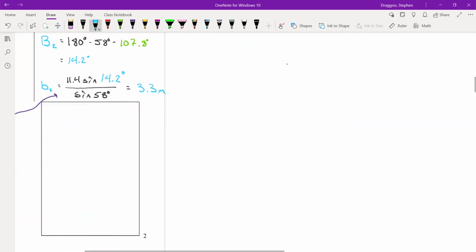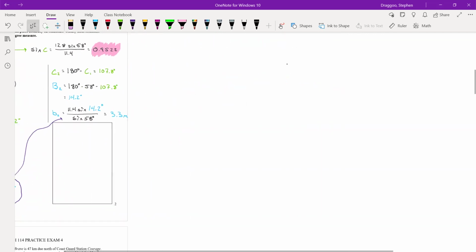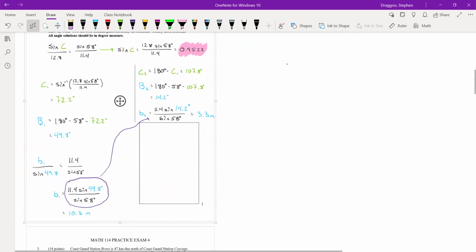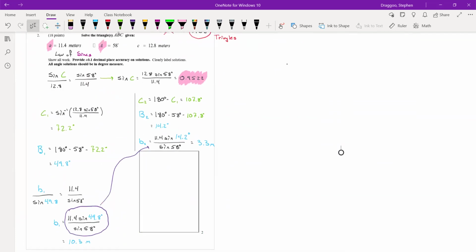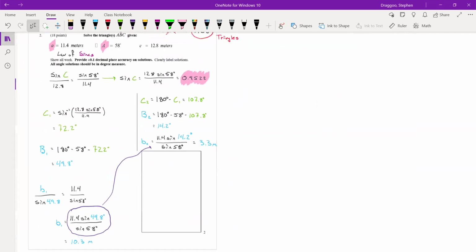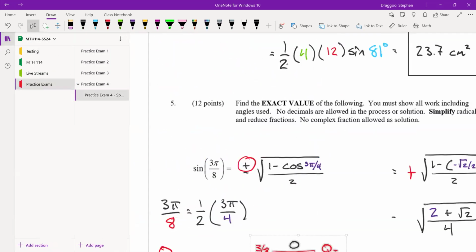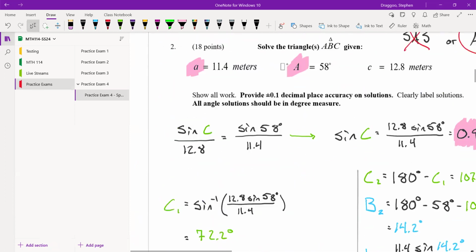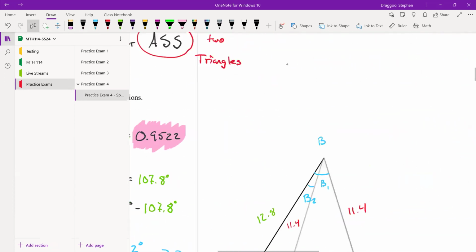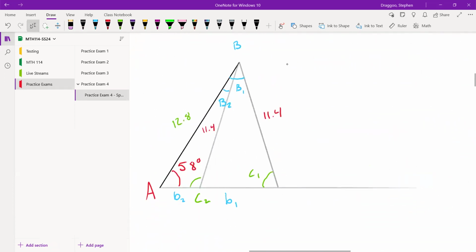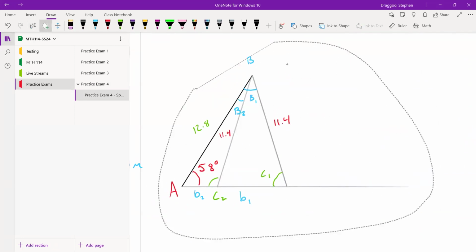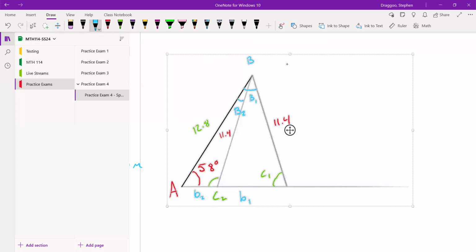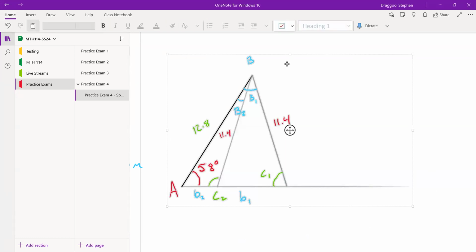As a quick aside, because I think it's helpful, here's the triangle, or the two triangles drawn at the same time, which I'll bring over to our own version.